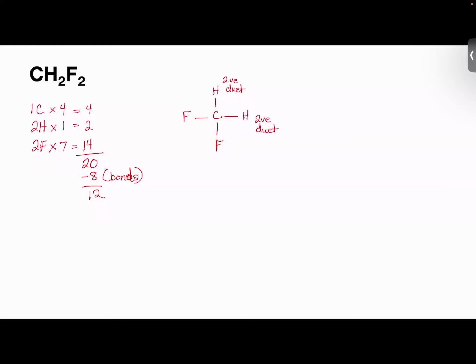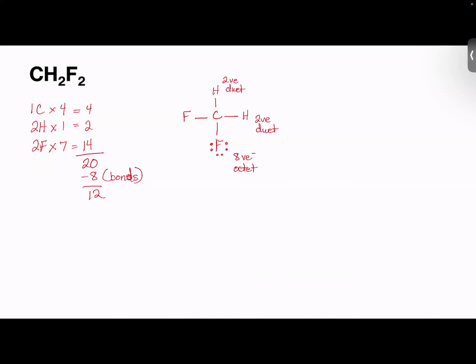But fluorine does, because fluorine needs an octet. Currently, each fluorine atom only has 2 electrons that are found within the bond between the carbon and the fluorine. In order for fluorine to have an octet, we're going to have to distribute 6 additional electrons to the fluorine in order to give it its 8 valence electrons, which is an octet.